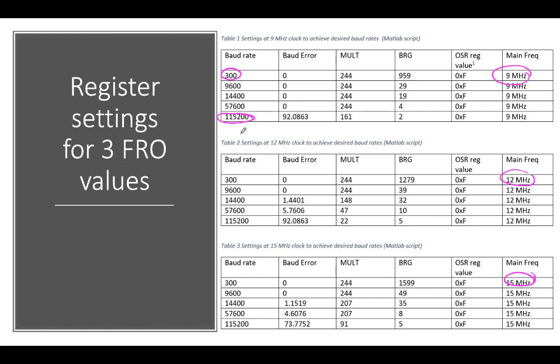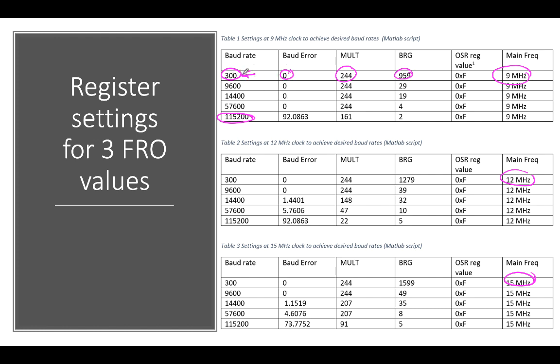Now, what's important to point out here is that while you can choose different values of your multiplier and your baud rate generator, different combinations will result in different values of baud rate error. So, for instance, if I put in a multiplication register value of 244 and a BRG of 959 at 9 megahertz, I will get exactly 300 baud with no error.